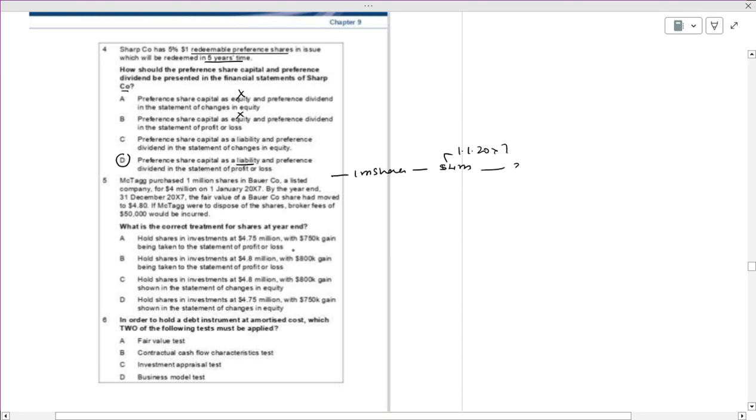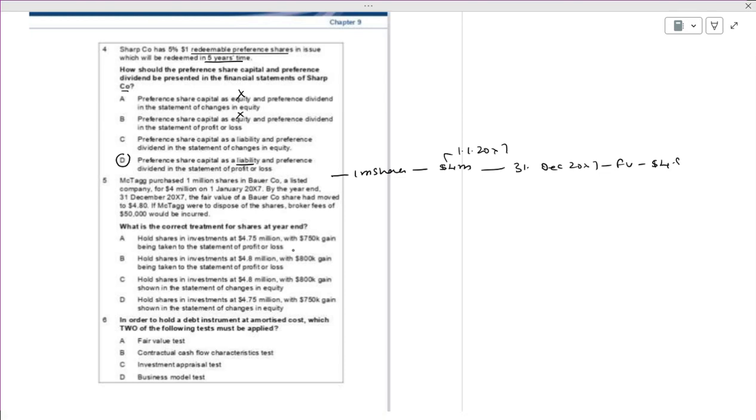By the year end, 31st December 2007, the fair value has increased to 4.8 million. If Mactag disposed of the shares, the brokerage fees would be 0.5 million. What are they asking us? What is the correct treatment of the shares at the year end?